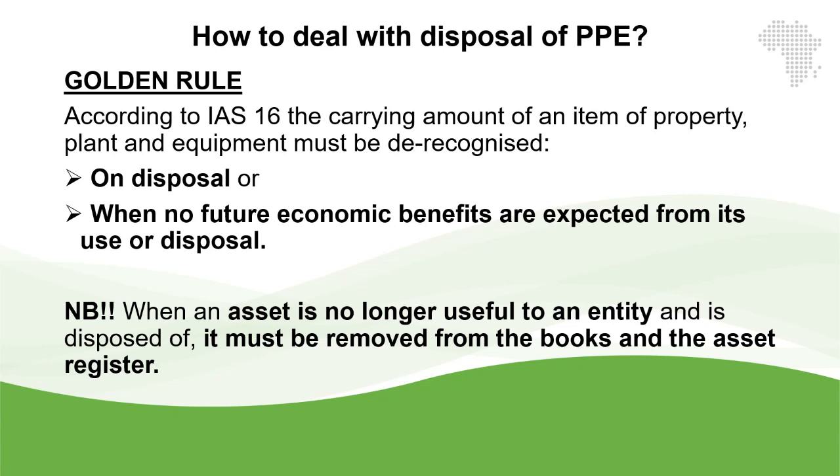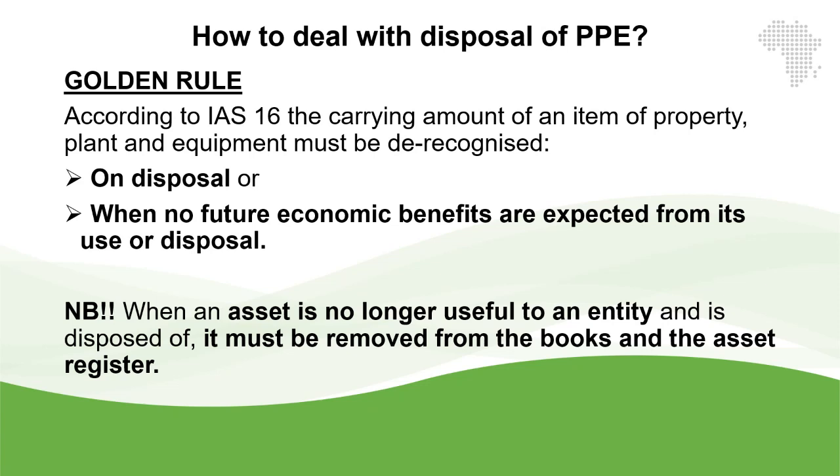To derecognize an item of property, plant and equipment means we are removing it from our books. Remember, when we purchased the property, plant and equipment, we recognized it and recorded it in our books. But when we are selling it, we need to remove it from our books. That's why we have that NB at the end, which says that when an asset is no longer useful to an entity and is disposed of, it must be removed from the books, and you also need to update your fixed asset register.